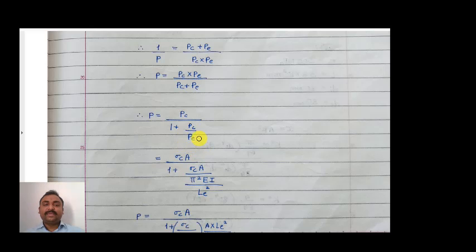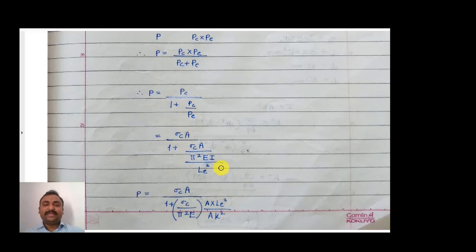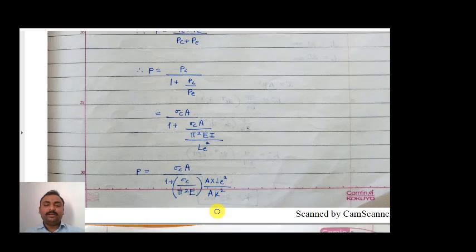For PE we can write pi square EI upon LE square. So by taking some constant values like sigma C, pi square and E common outside and taking in bracket, we can write A into LE square upon I. For I, moment of inertia, we can write A K square. So A will get cancelled, and LE square by K square will be there.